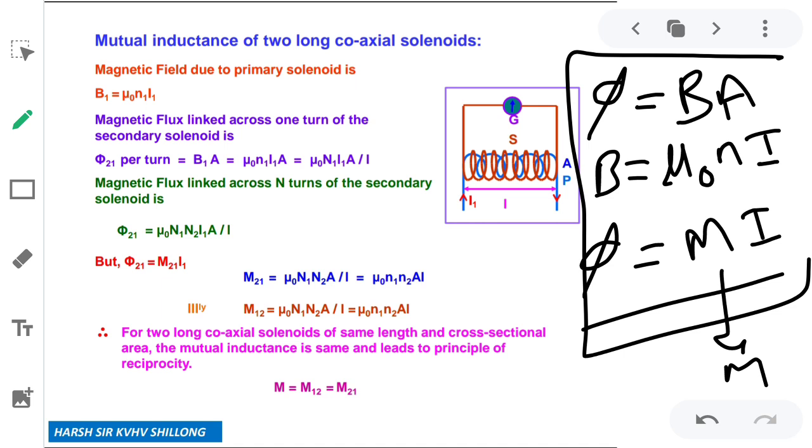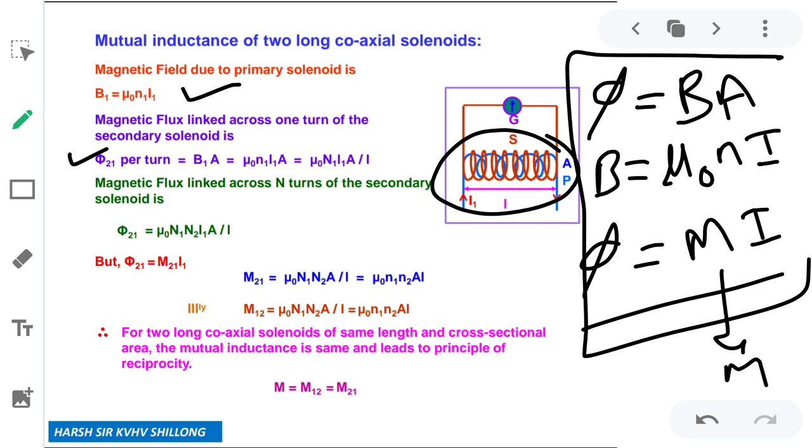So let us start with the first. Magnetic field by the primary coil, that is B1 equal to mu naught N1 I1. Obviously B1 is produced by I1, the primary current. Phi 21 means flux linked to the secondary coil with respect to the primary coil. So phi 21 is B1 A. We assume that both coils are coaxial, like shown in the figure here.